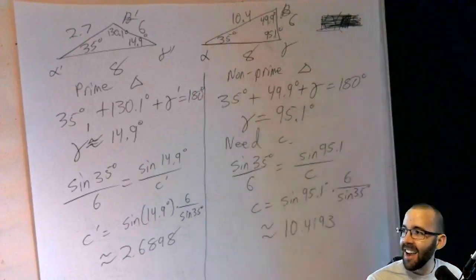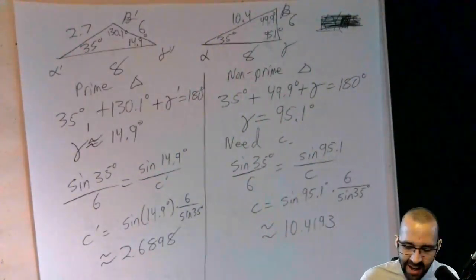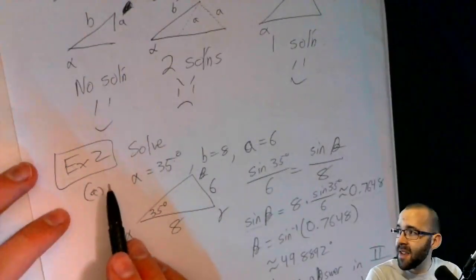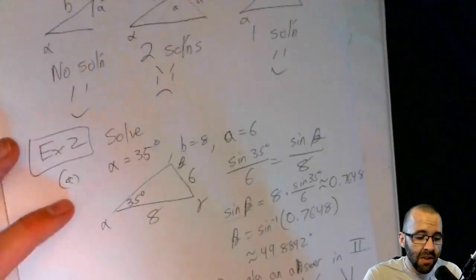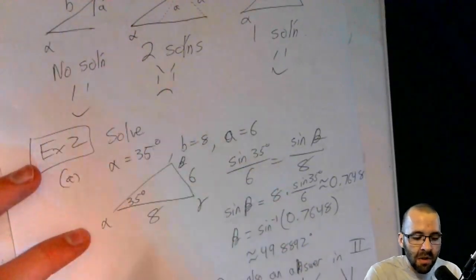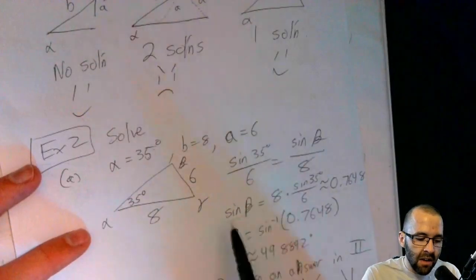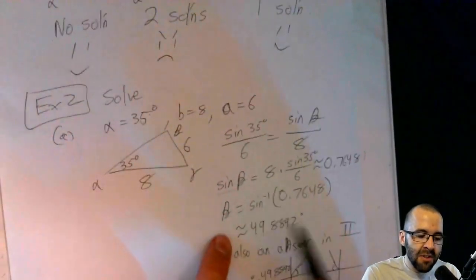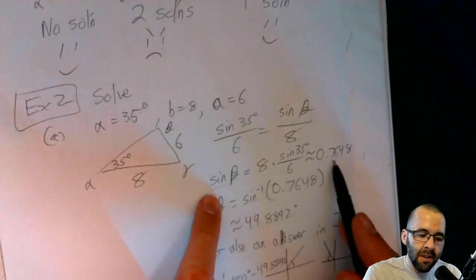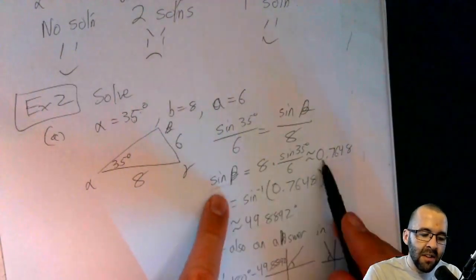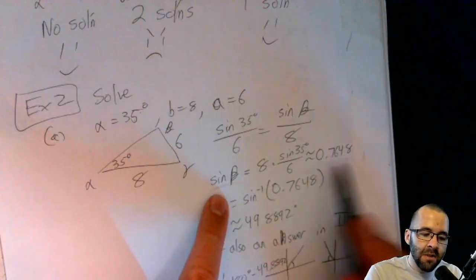All right. This video turned out longer, but I'm glad I got to take my time solving these example problems. This problem, example 2A, is difficult, okay? As you come across these in the homework, feel free to contact me via email if you have questions or if you just don't know how to start. But the reason why there's two triangles is when you're solving the triangle, remember there's infinitely many solutions.